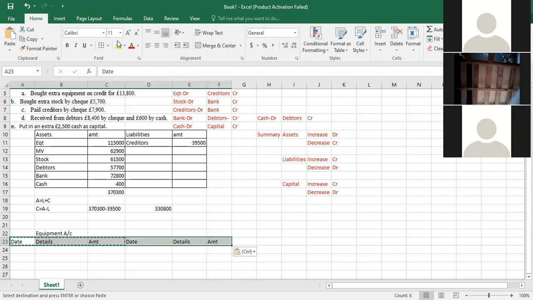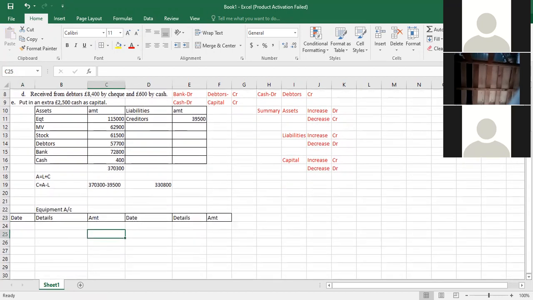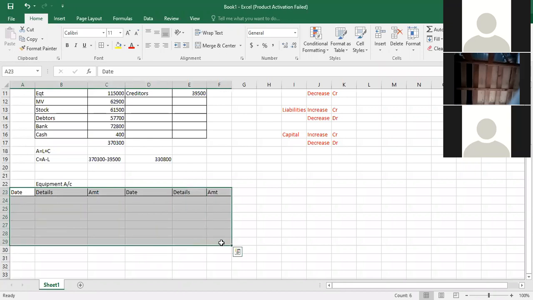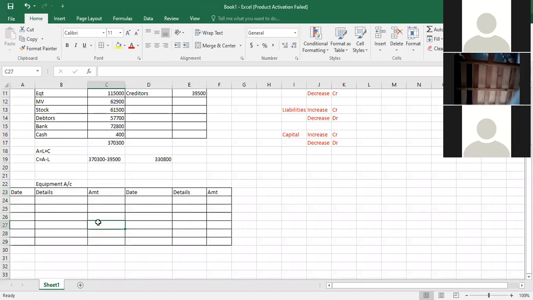See how it pans out. Just do it like this. So this is our account. This is supposed to be at the center. Let me merge these cells. So this is the equipment account.